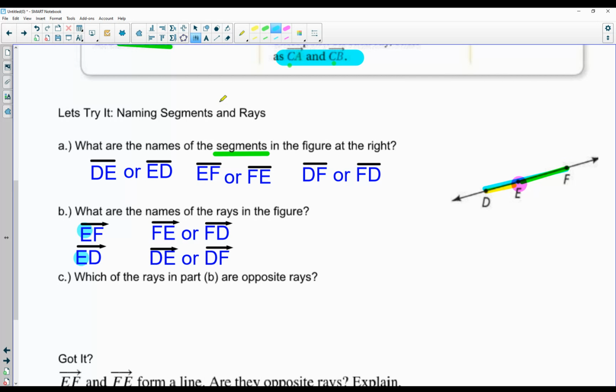EF and ED. So take a look at EF and then ED. They both start at E and go through F. This goes at E, it goes through D, and they form a straight line.